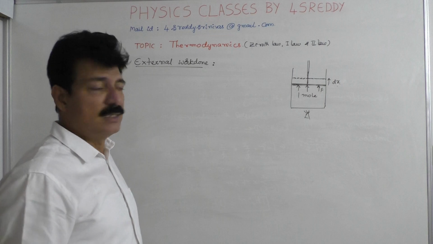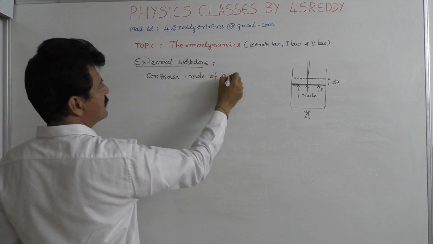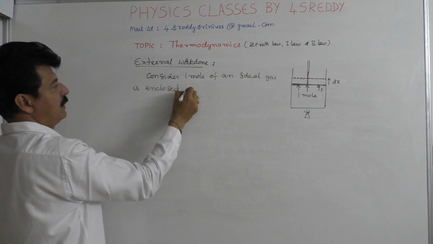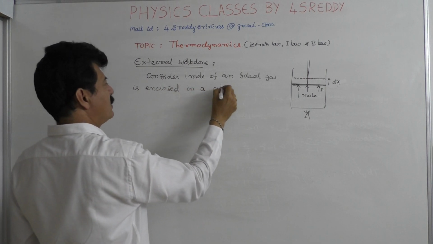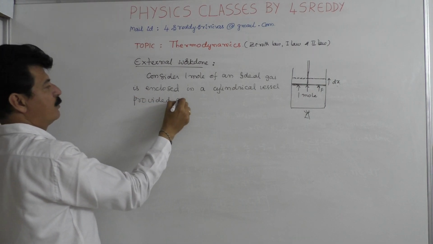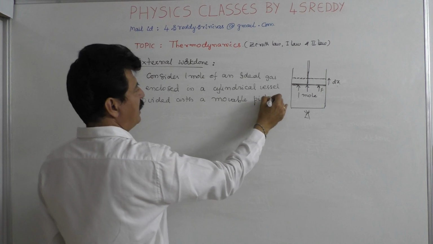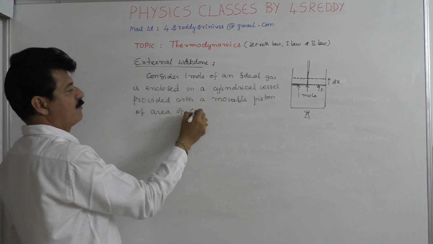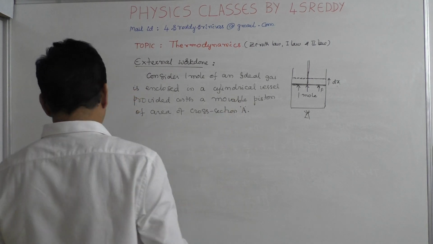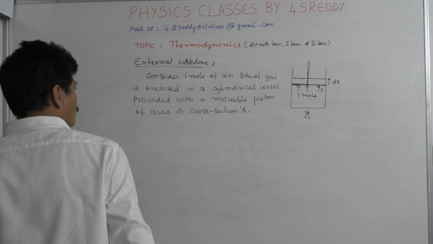So, how to find the formula for this external work done? Consider 1 mole of an ideal gas enclosed in a cylindrical vessel provided with a movable piston of area of cross section capital A. Now, this is the point here.